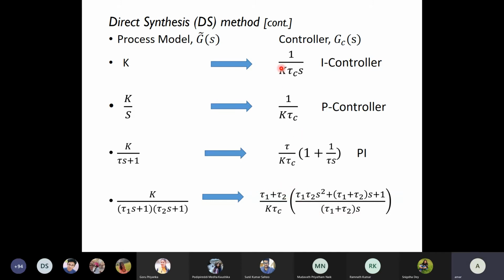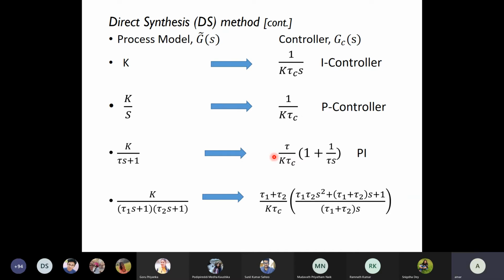But in all these controller equations, you can find there is only one tuning parameter, which is tau C, which defines the speed of response of the feedback control system.